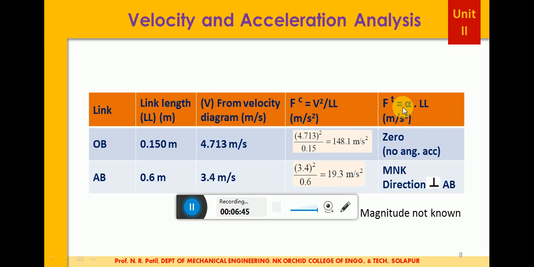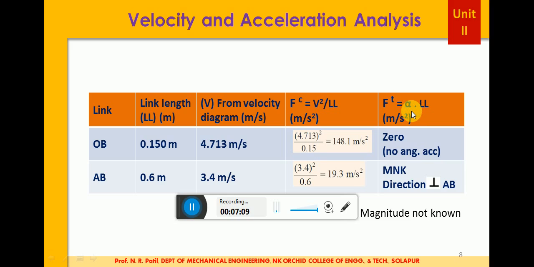Now the last column indicates the tangential component. The tangential component of acceleration is alpha into r, where r is the link length, which I have written here as LL. But alpha is the angular acceleration.